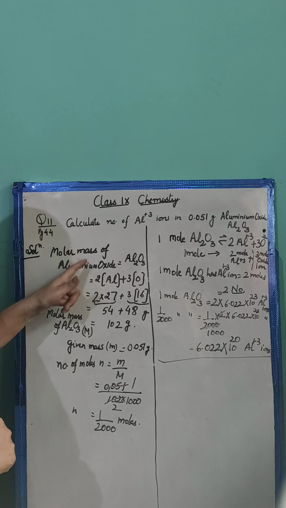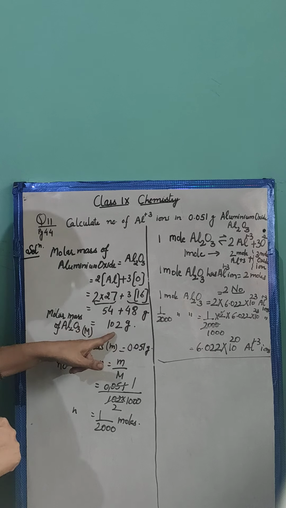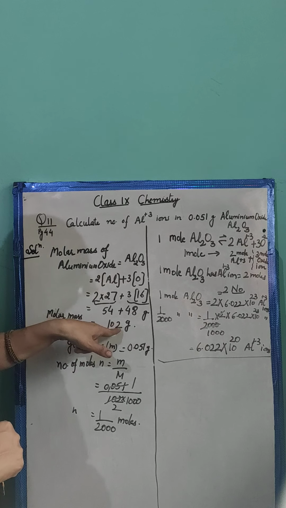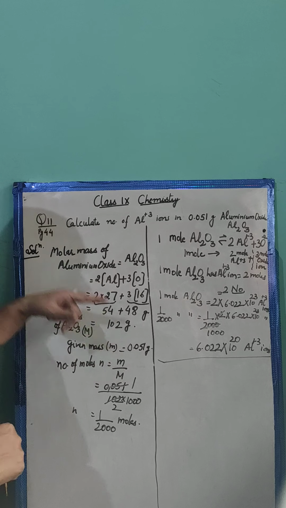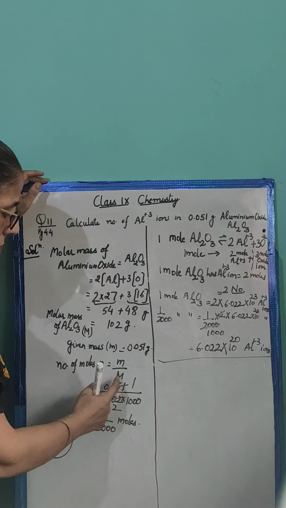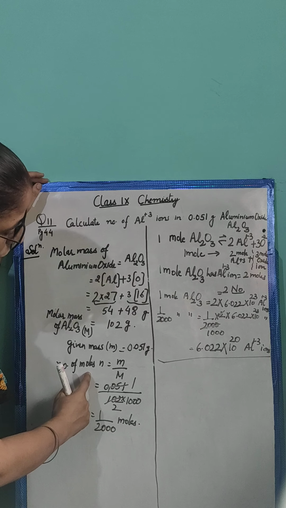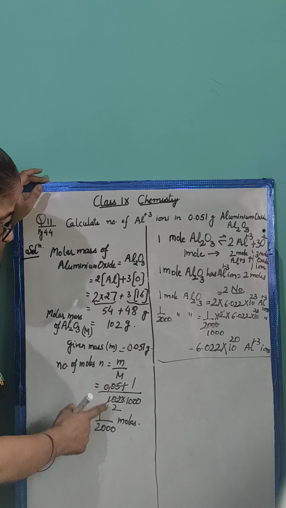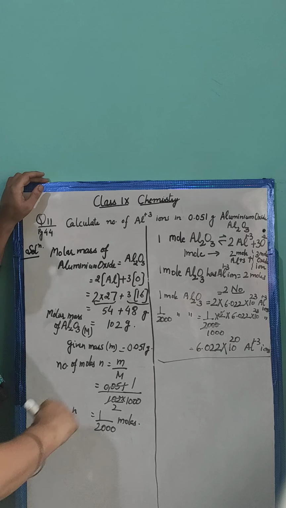Because we are getting molar mass, gram will be added here. So the molar mass of Al2O3 is 102 grams. Given mass is 0.051 gram. We have to find the number of moles. The formula is small m upon capital M. It is 1 by 2000.